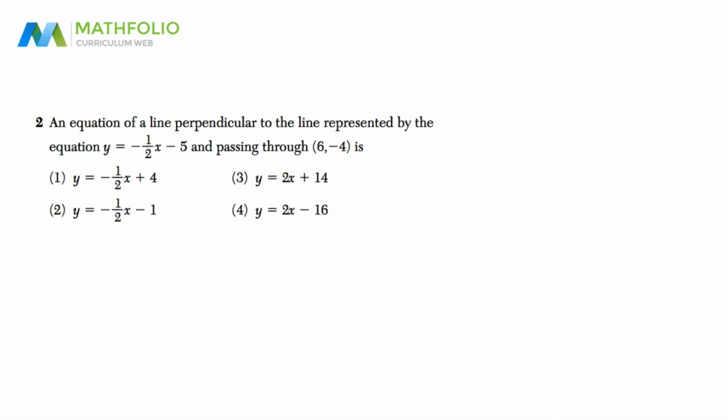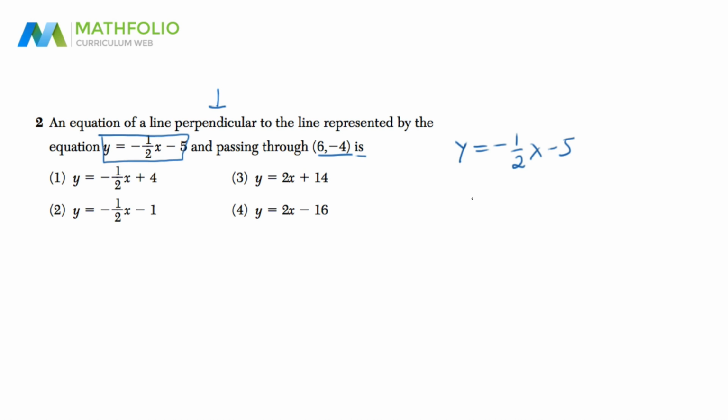Okay, question number 2. An equation of a line perpendicular to the line represented by this equation and passing through this point is, okay, so they give us this equation, y equals -1/2 x minus 5.